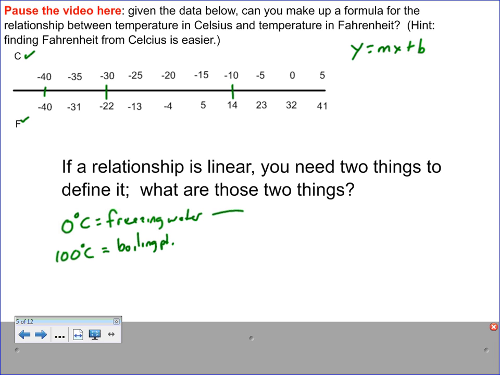So this gives us a reference point, and it tells us that 1 degree Celsius is a certain amount. 100 of them are equal to the temperature difference between freezing and boiling water.